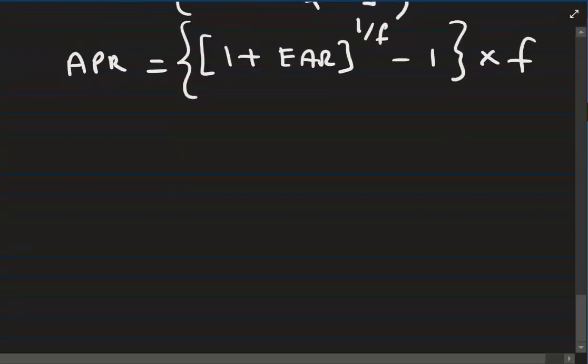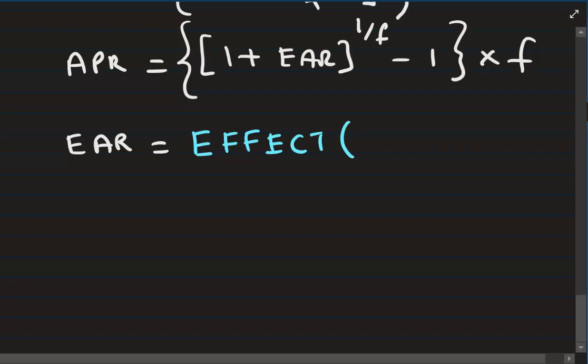In Excel formula, effective annual rate equals, you use the function EFFECT. And it has two arguments.